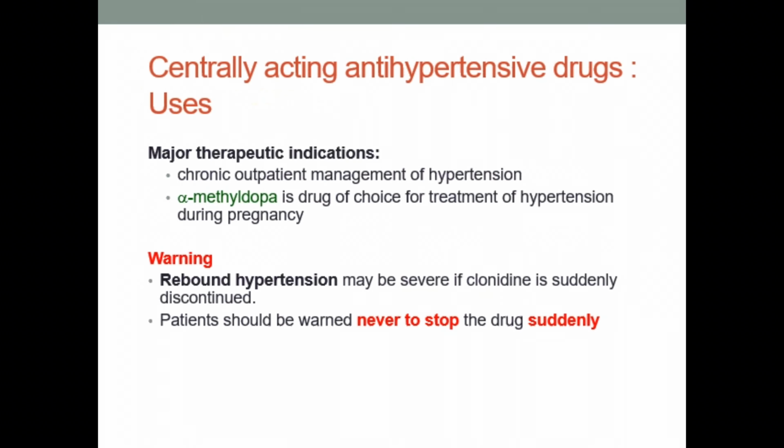So centrally acting antihypertensive drugs can be used in the management of hypertension. Especially, alpha-methyldopa is the drug of choice for treatment of pregnancy-induced hypertension. In some women who are pregnant, they develop hypertension. Since alpha-methyldopa is safe, with no adverse effect on the fetus, it's used to lower the blood pressure in these women who develop hypertension due to the pregnancy.